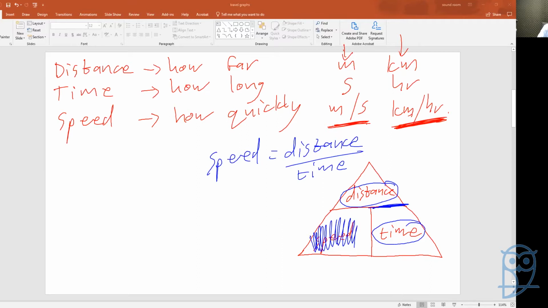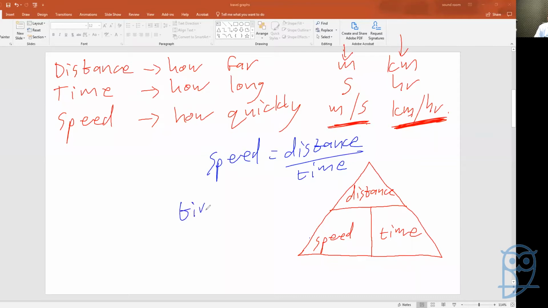If we want to calculate another quantity, let's say, for example, we want time. We cross out time, and that leaves me with distance over speed.